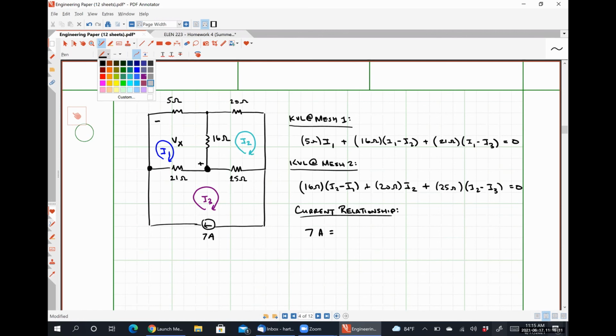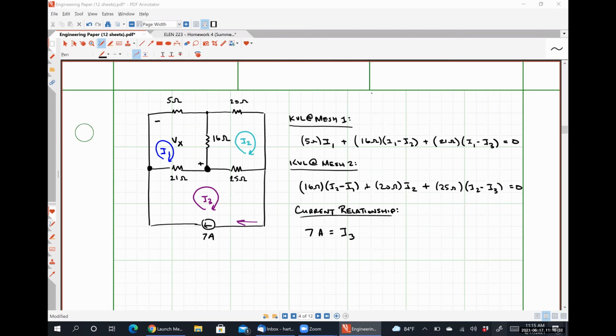So let's look at it. When I3 is flowing around its clockwise path, when it comes through this bottommost branch containing the 7 amp source, I3 is in the same direction, right? Yes. So I3 is 7 amps. Yeah, it's just I3.